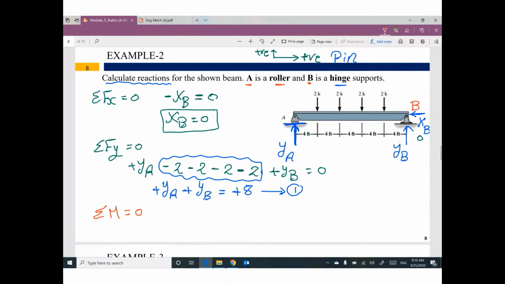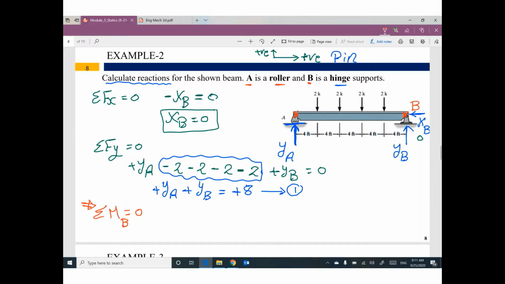I highly recommend taking the moment at one support, probably support A or support B. You can select any point as you like, but I recommend taking the moment at one of the two supports, A or B. It's up to you. For this problem, I'm going to take the moment at B.